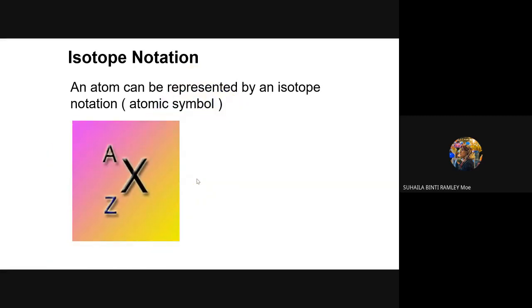This one is isotope notation. Actually, you have learned this before. So X will represent? X represents the element symbol.